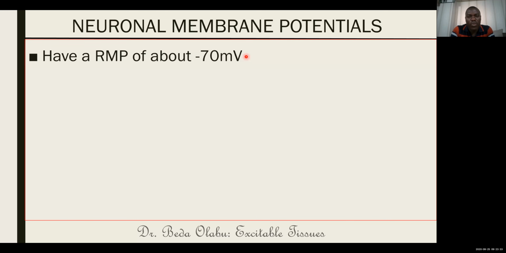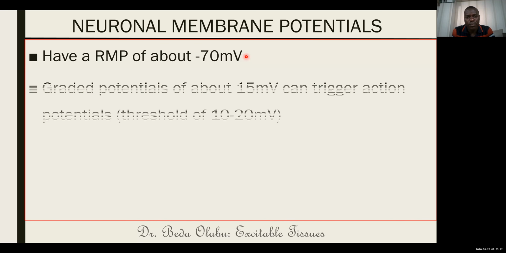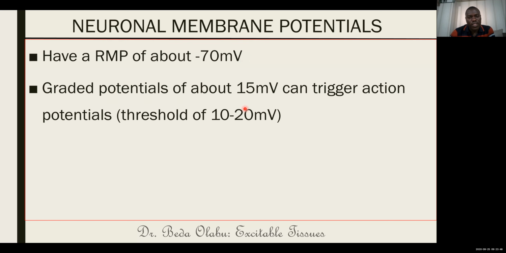I hope you remember the one for cardiac muscle is -85, and for skeletal muscle -90. You also remember that we have graded potentials. Graded potentials are short-lived. They are focal disturbances of the membrane. But if they reach the threshold, they can initiate action potentials.